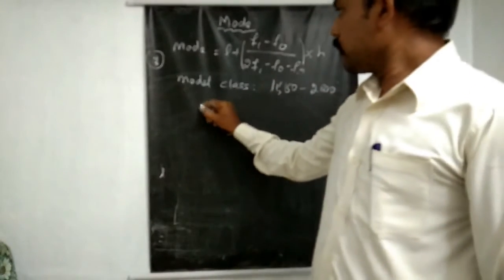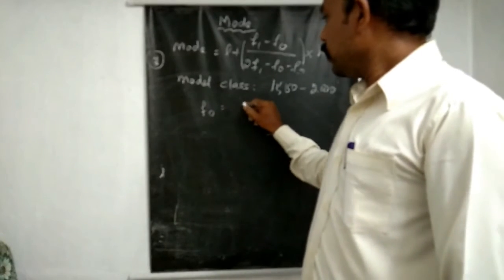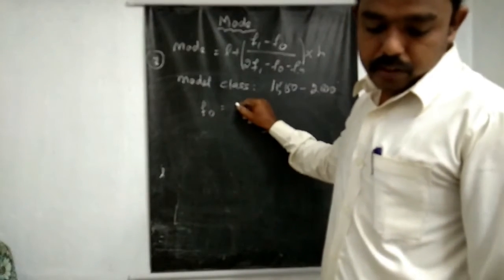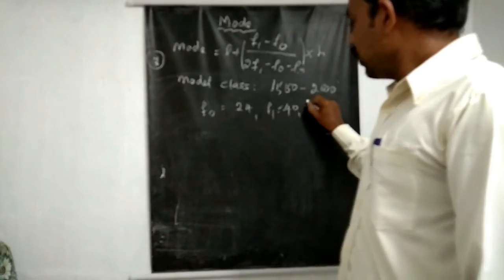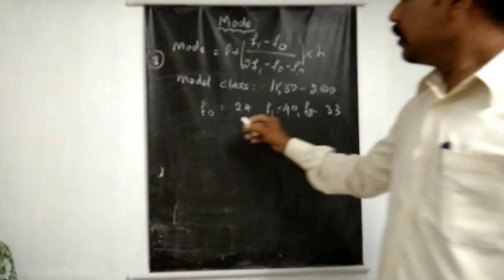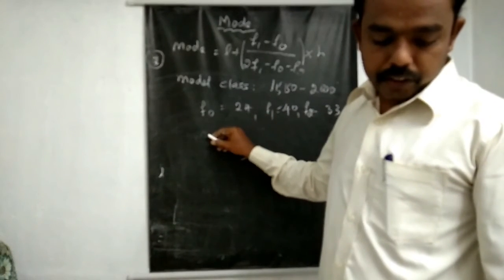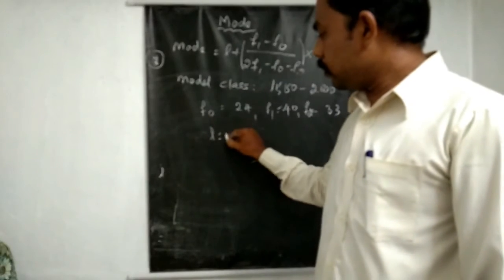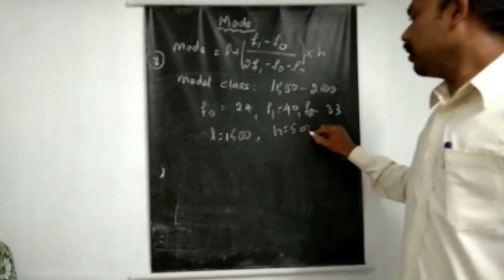So here F0 equals the previous 24, F1 the modal class 40 and F2 33, and the corresponding expenditure is given, lower limit L equal to 1500 and h is equal to 500.